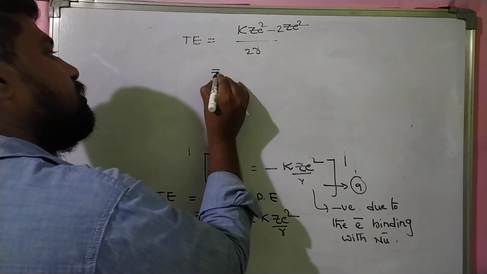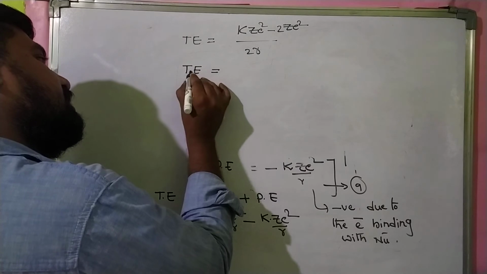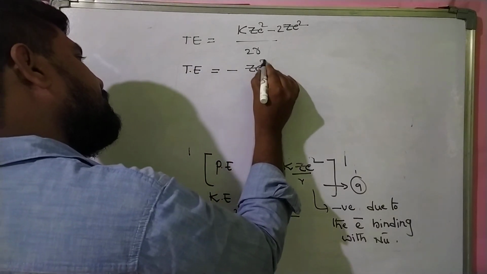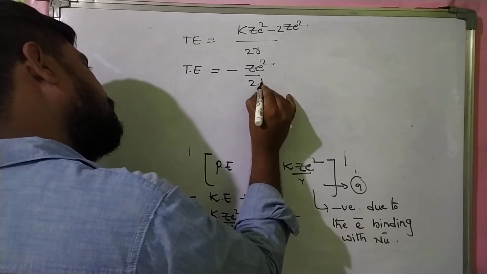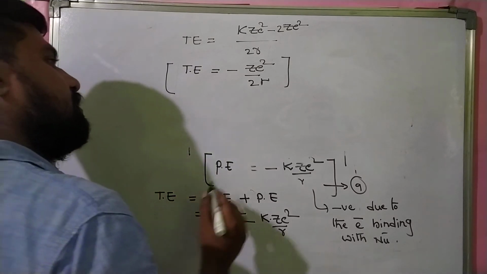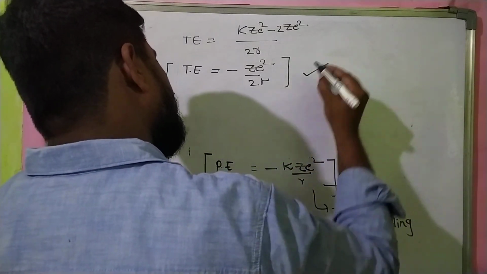So that means total energy equals minus K Z e square by 2R. Listen, everybody, very, very important expression. This is the total energy.